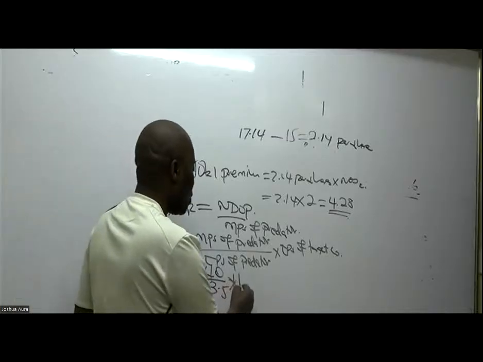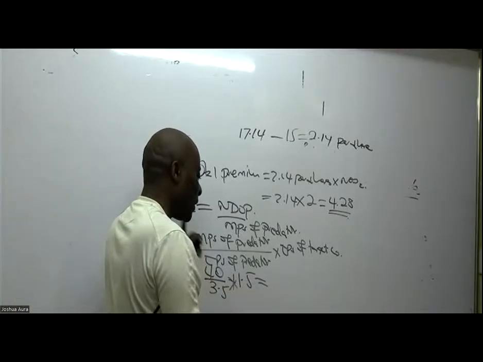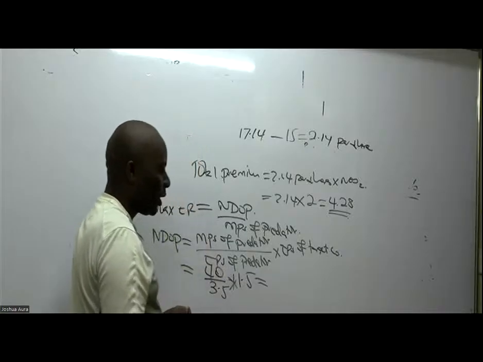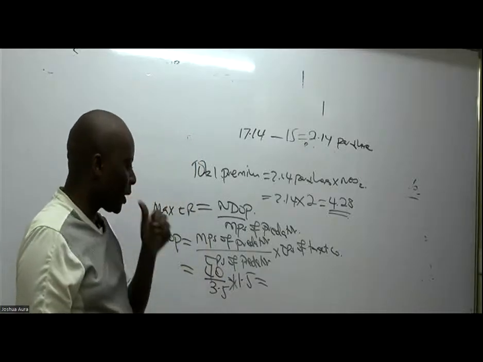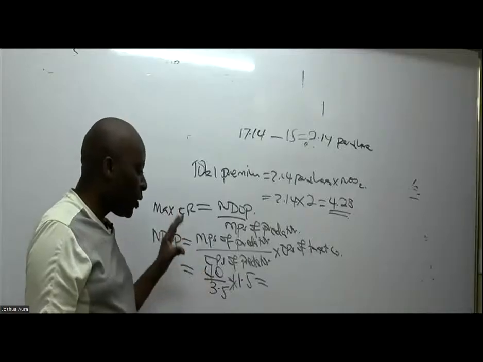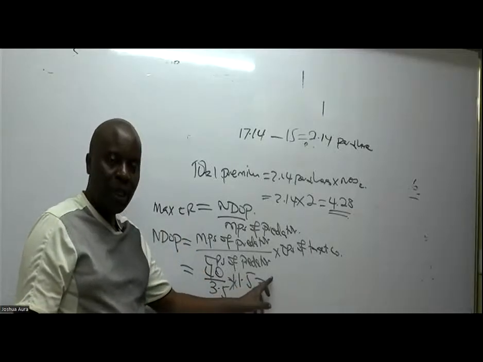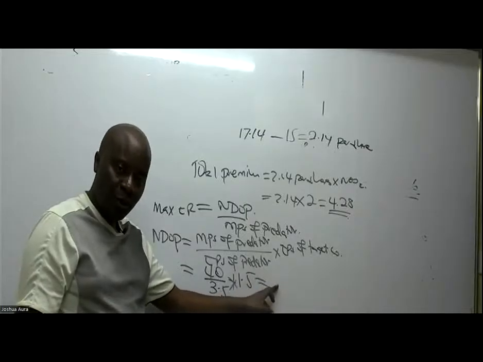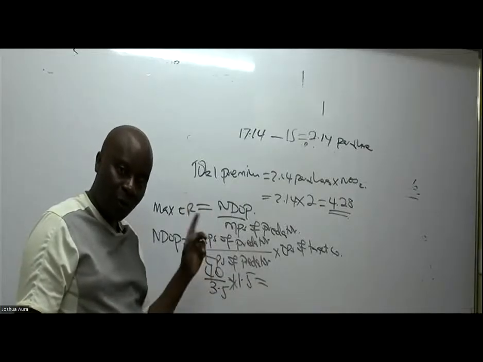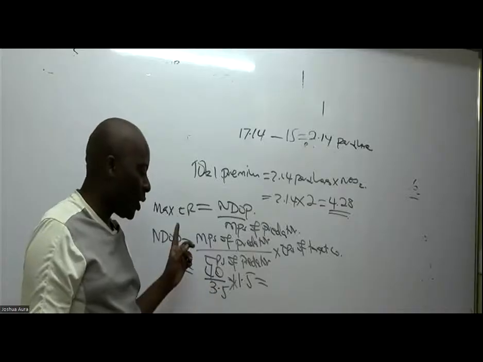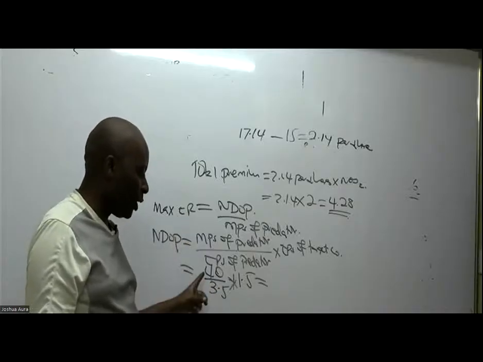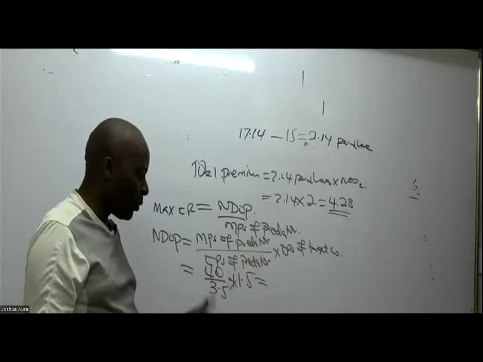As you get this answer, if you want to be exact in terms of number of shares exchanged, ensure you get your answer in the form of a fraction. Don't get like 17.14. It has to be a fraction. It's 40 divided by 3.5 times 1.5.